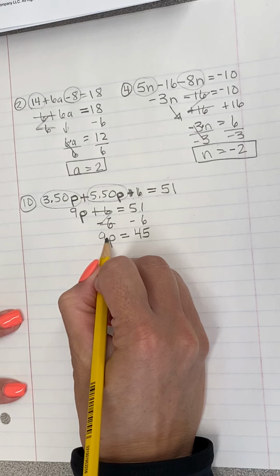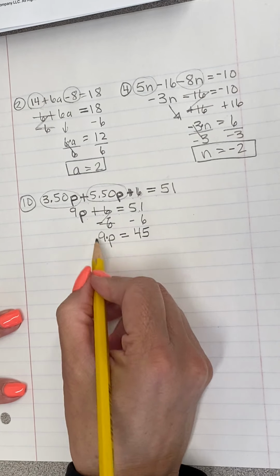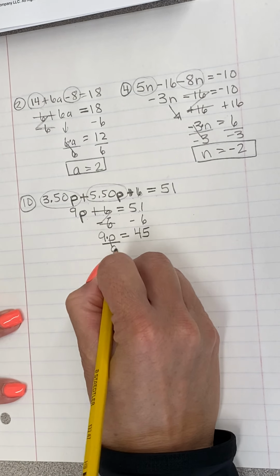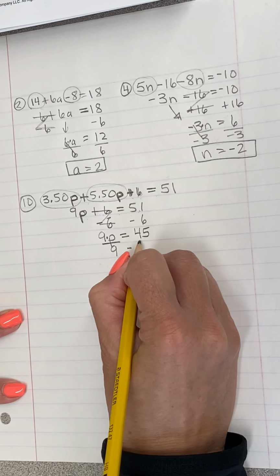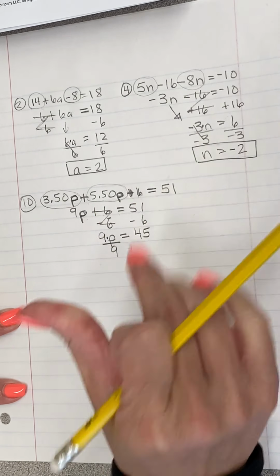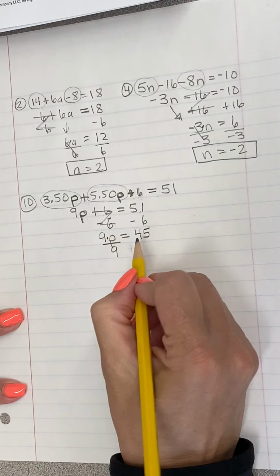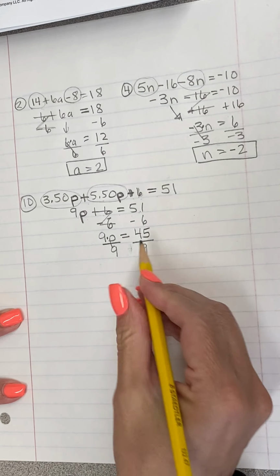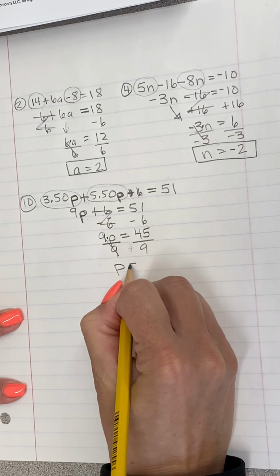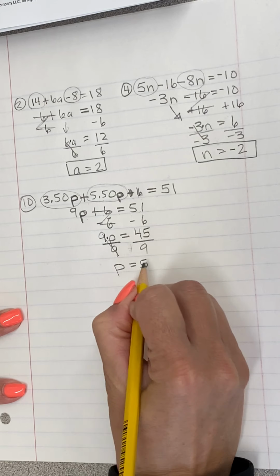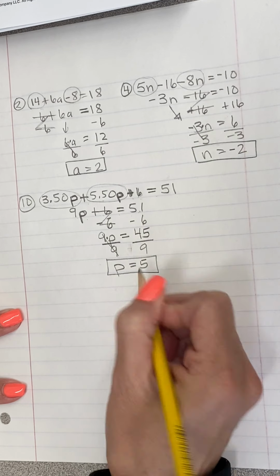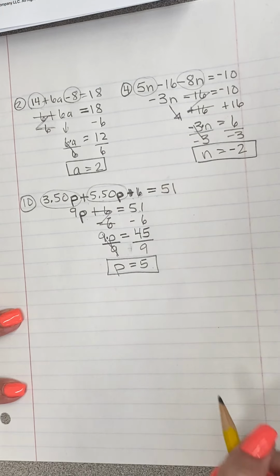This 9 next to this p says to multiply. In order for me to undo multiplication, I divide by 9. So p equals 45 divided by 9, which is 5. So how many people attended the fair? 5 people.